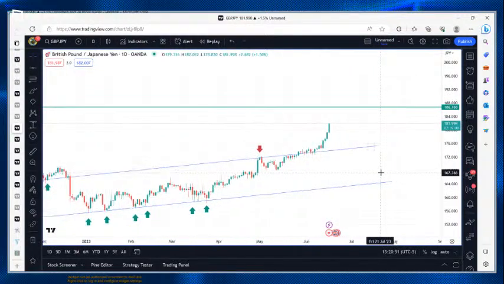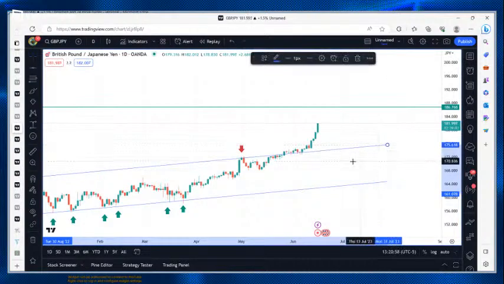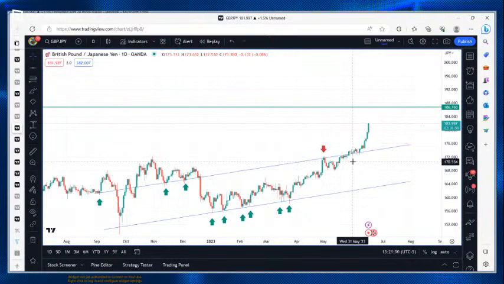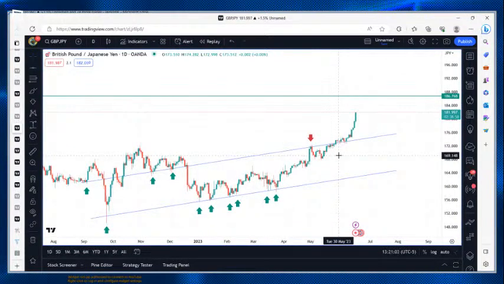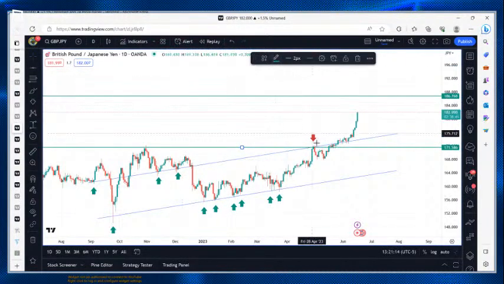Now, in order for us to trade this, we're going to need a U-turn. We need the market to come down. Now, let's see, do we have horizontal resistance, or will we have a horizontal support level?